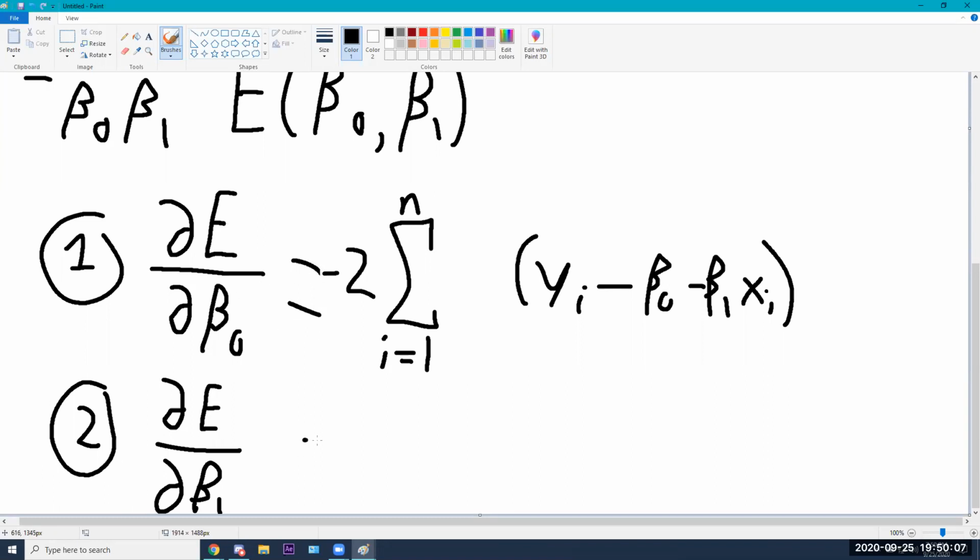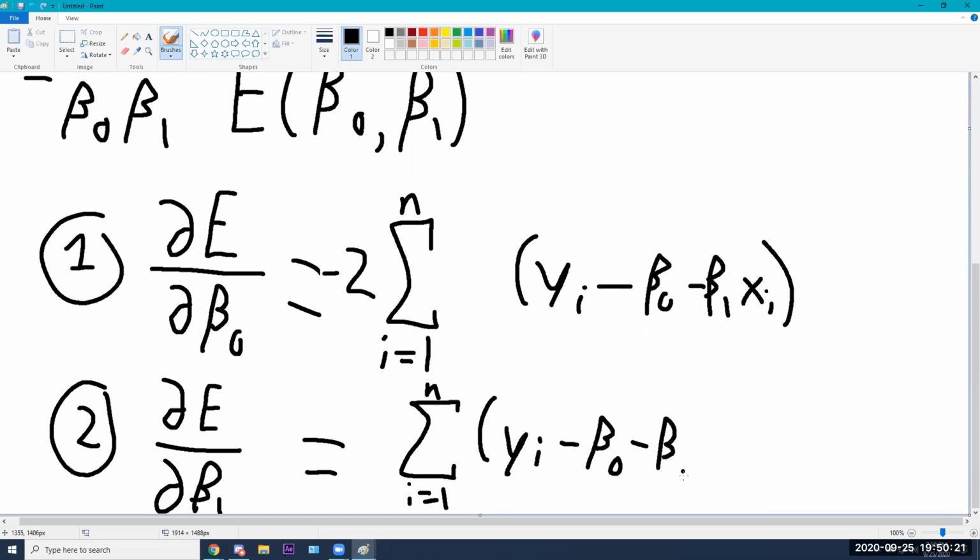And we could do the same thing with respect to beta 1. Except this time, with yi minus beta naught minus beta 1 xi, the chain rule is a little bit more complicated.